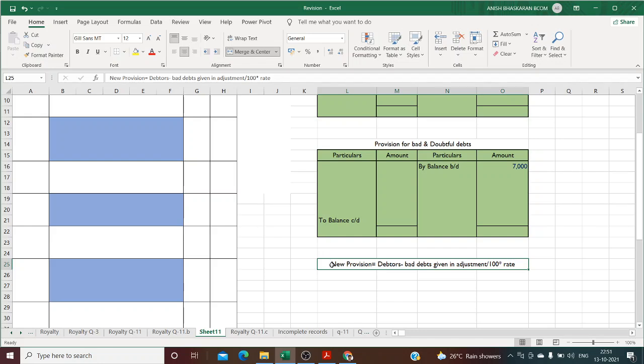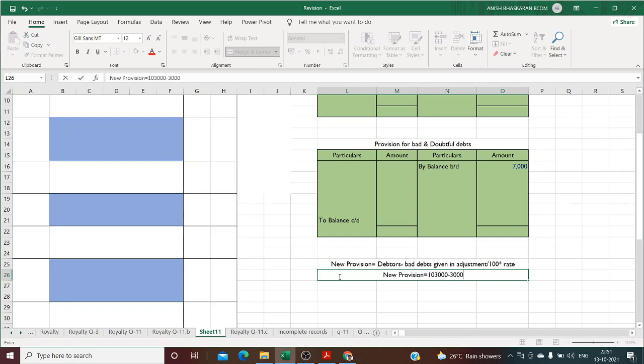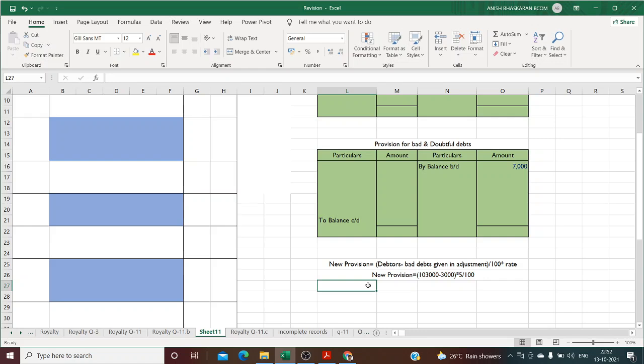That is, new provision is equal to 1,03,000 minus 3,000 into 5 divided by 100, which is equal to 1 lakh into 5 divided by 100, which is equal to 5,000.